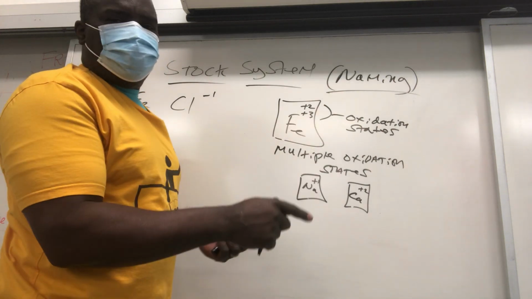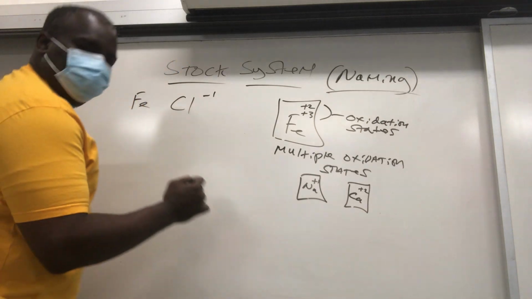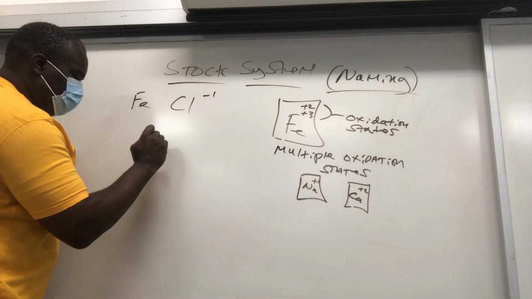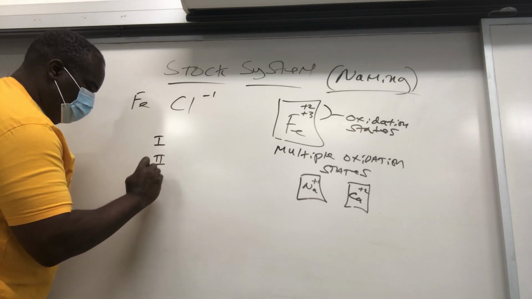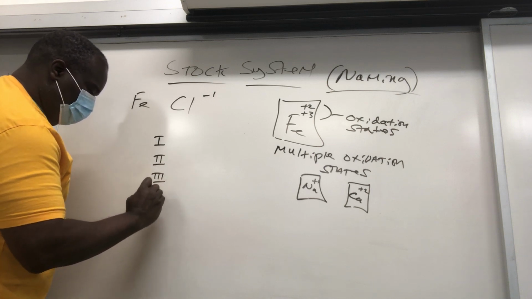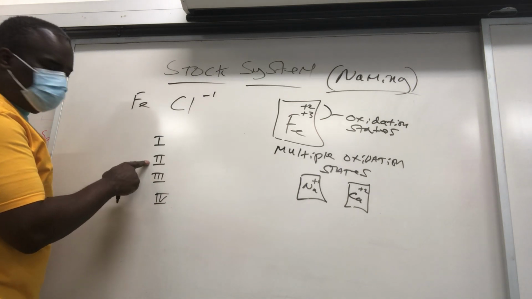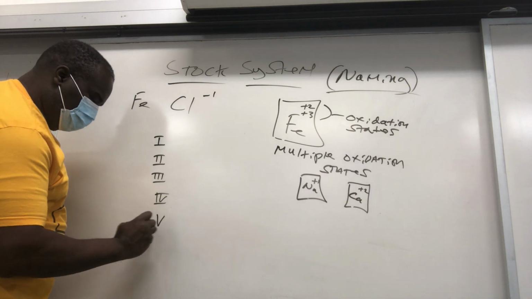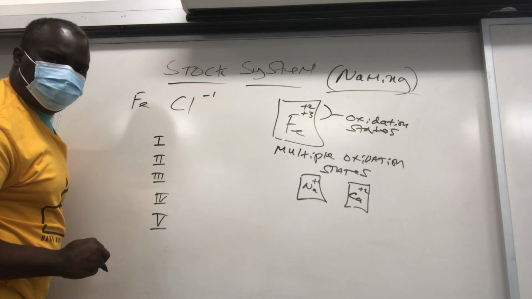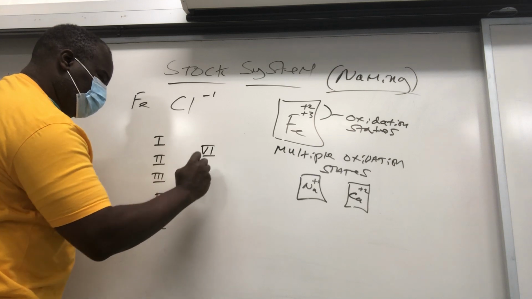Now before we jump into the examples, you've got to know your Roman numerals. So here you go. You see this? 1, 2, 3, 4. IV is 4. Three lines is 3, two lines is 2, and one line is 1. 5 is just V. Then we've got VI, that's 6.